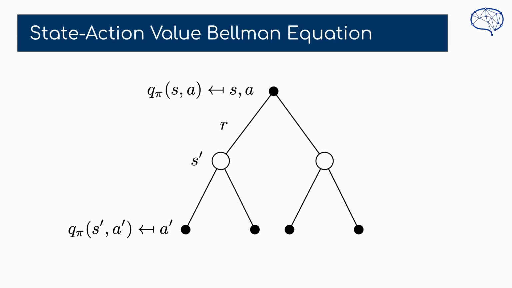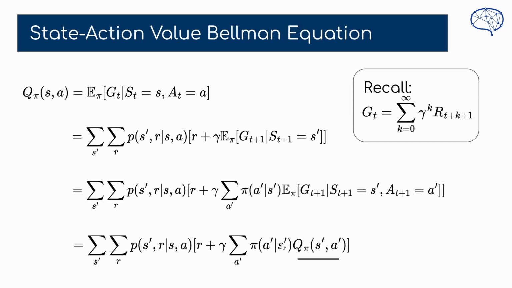So instead of starting at a state for your state action value equation, you start with an action, and then you take this action, go to a next state, and from here you then expand over all your actions. So that's what this summation over here is doing with this policy.